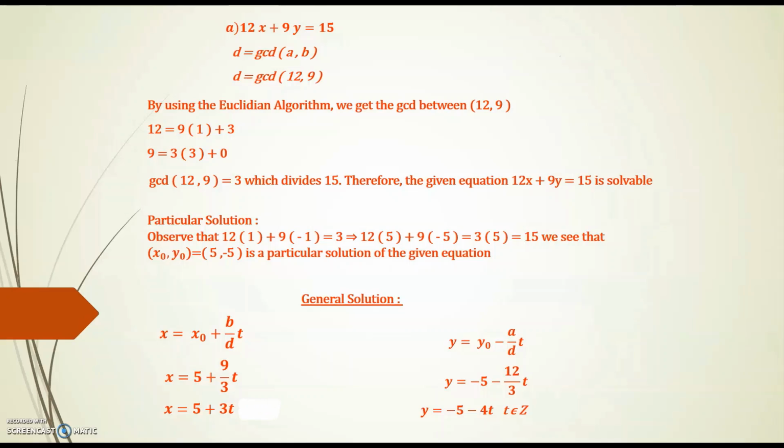Okay, so now we're going to do the same steps and the same procedure for part B. Part B is the equation ax plus 10y equals 17. We're going to do exactly the same thing as in the previous example. We're going to let d equal the GCD between a and b, where d is equal to the GCD between 10 and a, which are the values of our equation.